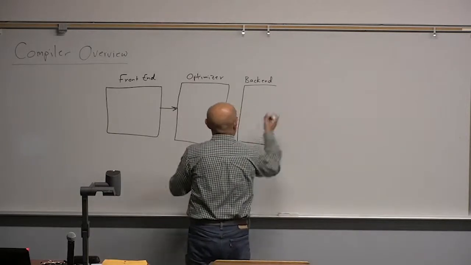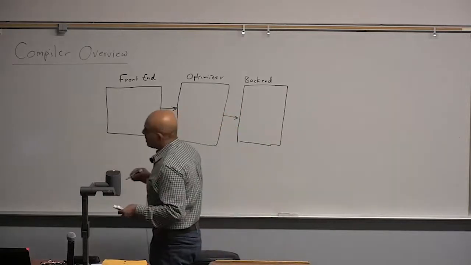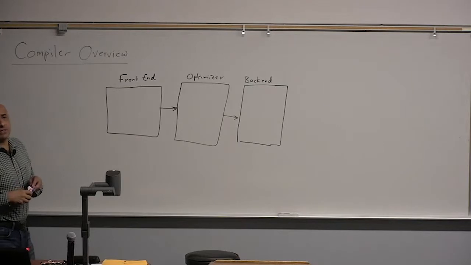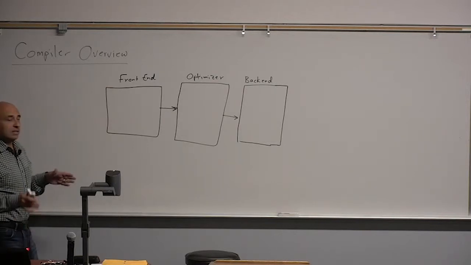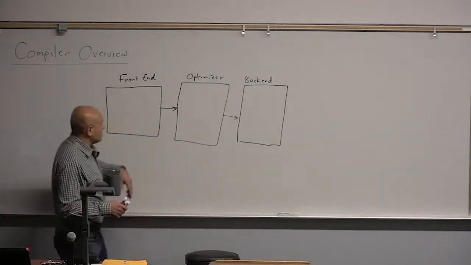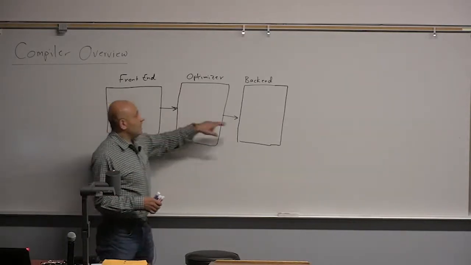And of course, this is a conceptual view. Different compilers have different designs. So this doesn't necessarily mean that every compiler is divided into these 3 main pieces, and it doesn't mean that every compiler will have, for example, 3 different executables.